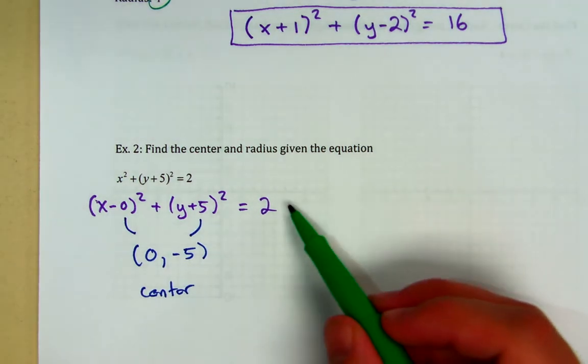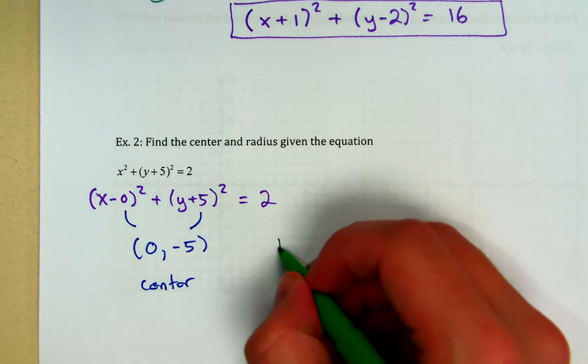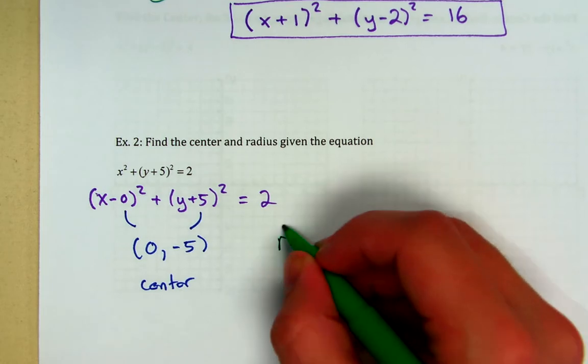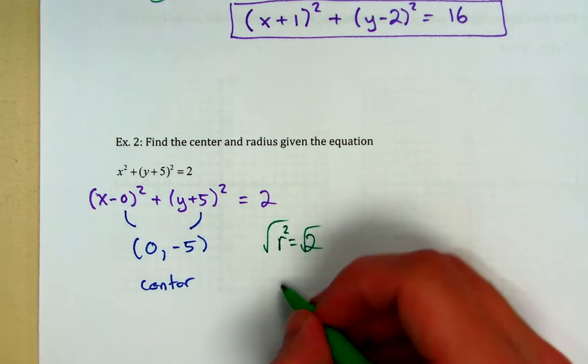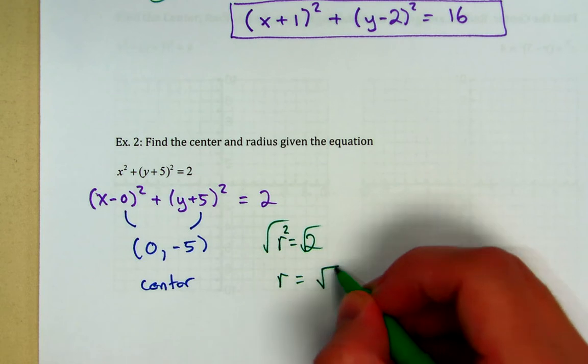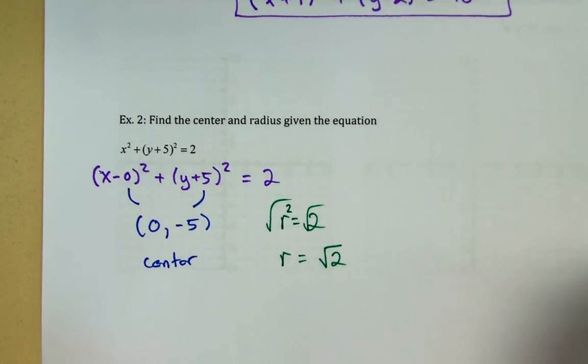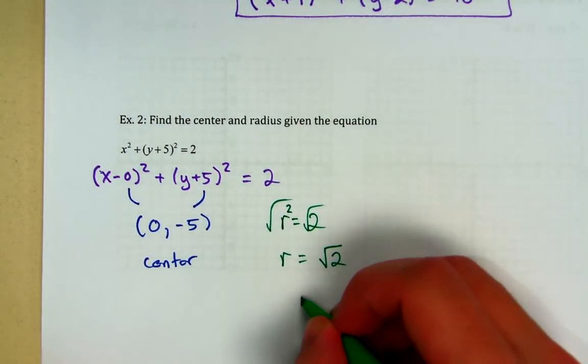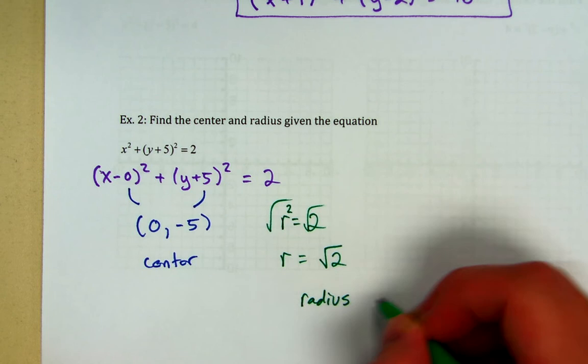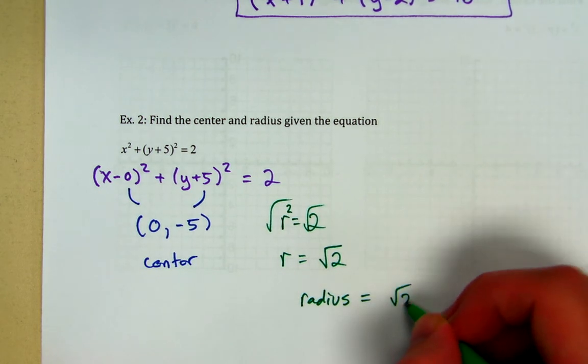The tricky part is that this equals r squared. So r squared equals 2, and r equals the square root of 2. We only take the positive, because we don't want a negative radius.